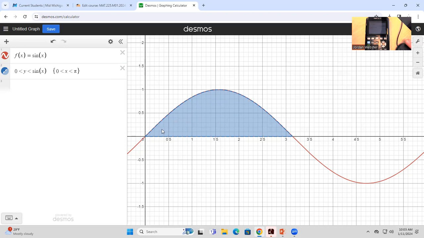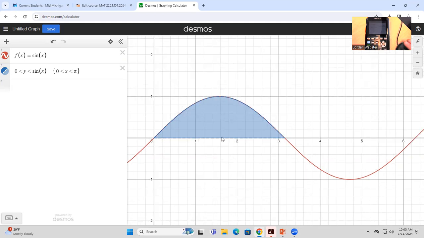So it's kind of interesting that this area, which is connected to a lot of irrational numbers like pi and outcomes of sine of x, ends up as a nice whole number of 2, right? So we're saying that signed area in there is 2.